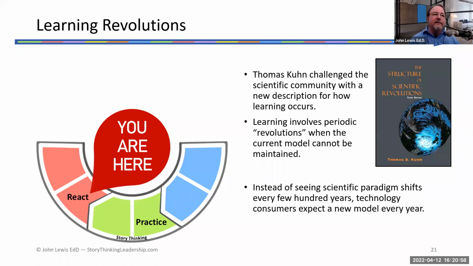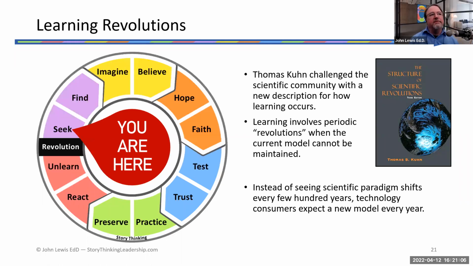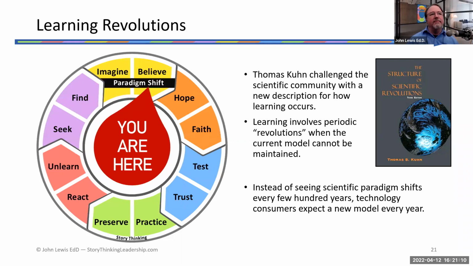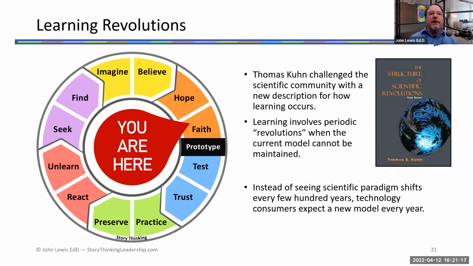Now, he was describing what happened to the fundamental models that we were thinking of, what science would use when we thought of planetary motion. What happened with Copernicus when Newton came along? What happened to Newton's ideas when Einstein came along and changed the models? And that these revolutions happen every couple hundred years. Now we're seeing that this looks like a product life cycle.